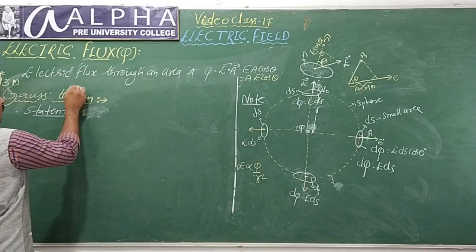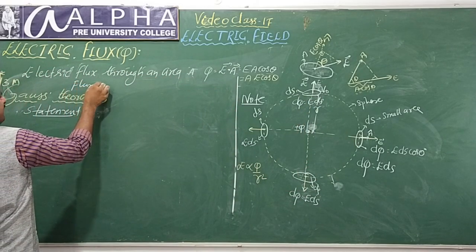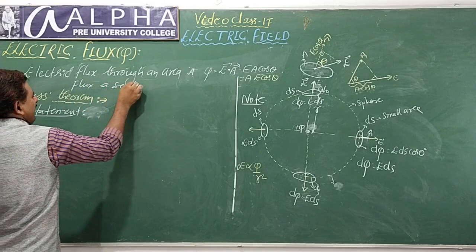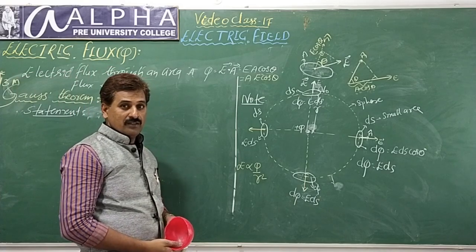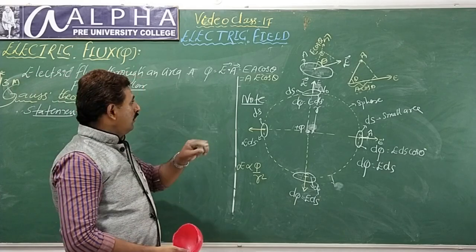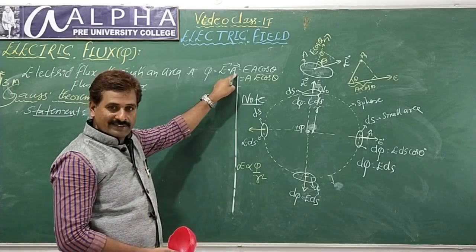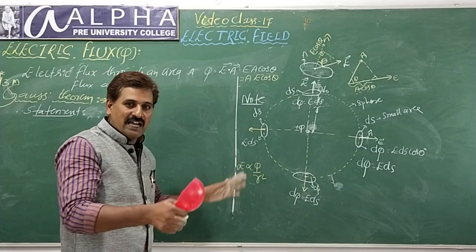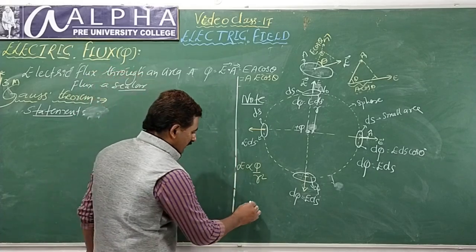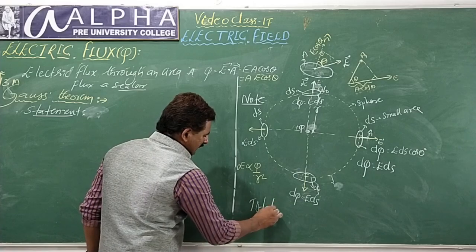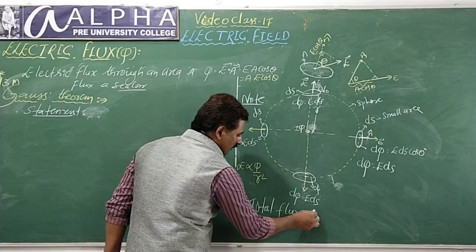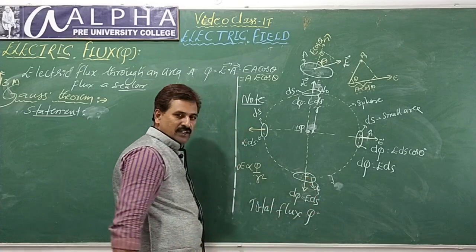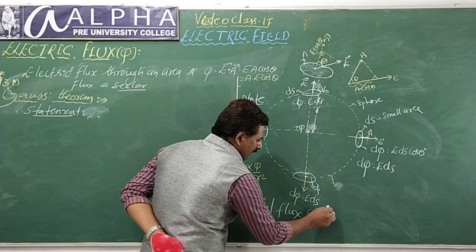Remember, students, electric flux is a scalar. Why scalar, students? I did not mention it initially, thinking that you know the dot product of two vectors is a scalar. It is a scalar. Scalars can just be added. What is total flux? Total electric flux is equal to the summation.